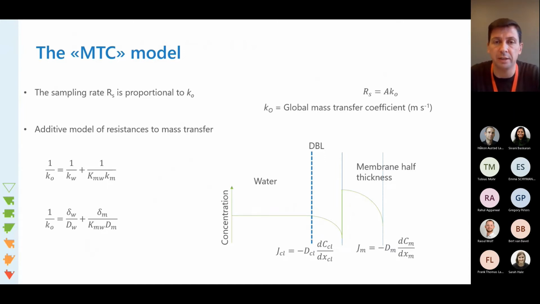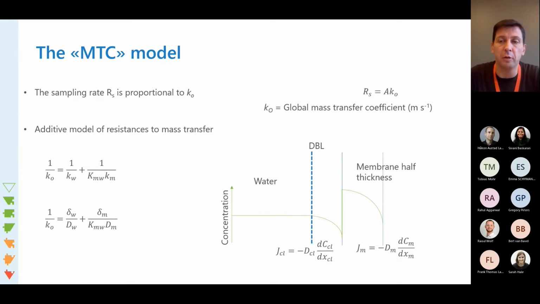So going into a few equations. Most of these equations are based on Fick's first law of diffusion. If you have a concentration gradient, the flux across this surface area will be proportional to the difference in concentration between the two concentrations.